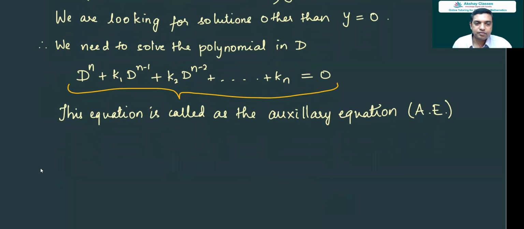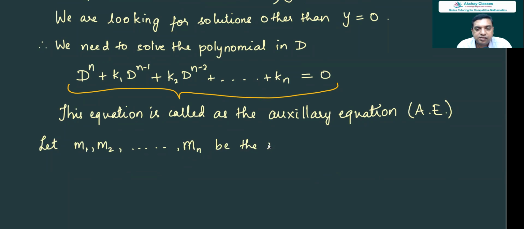Now let m1, m2, up to mn be the roots of the auxiliary equation.